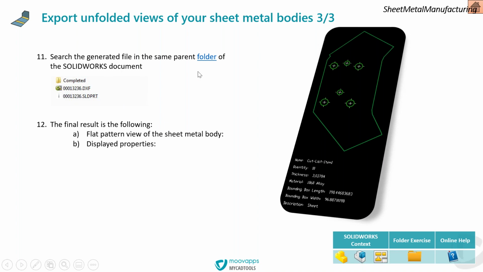So you can specify the folder that you need to export to. So this is the final result. You can see all the properties and information for the sheet metal. So here there are more advanced options compared to the batch convert just now.